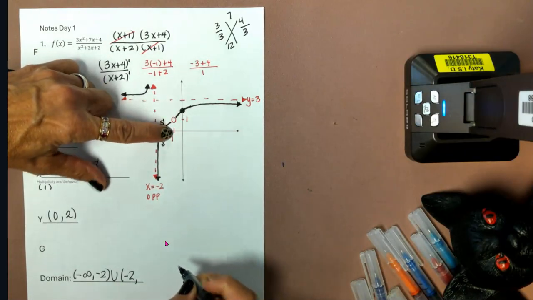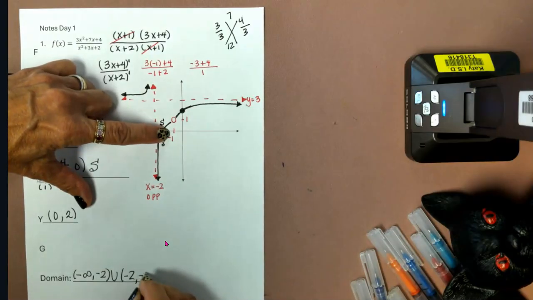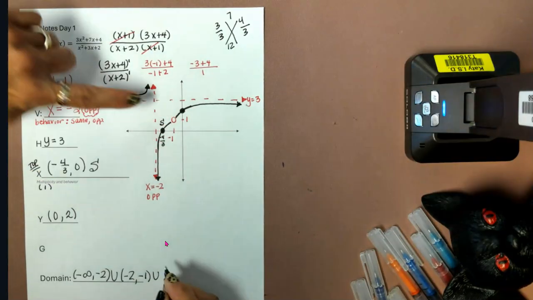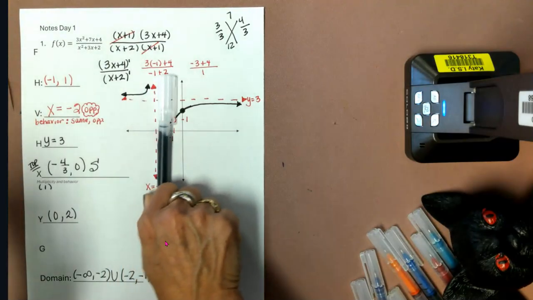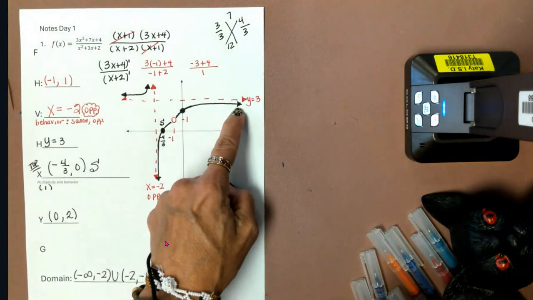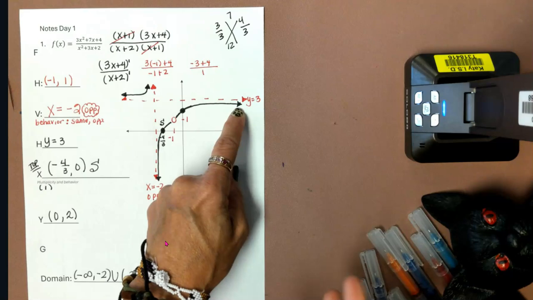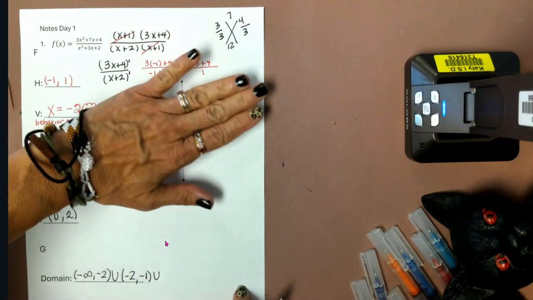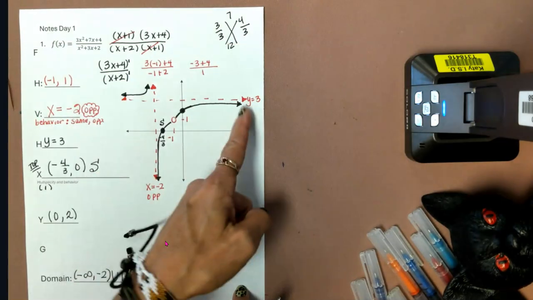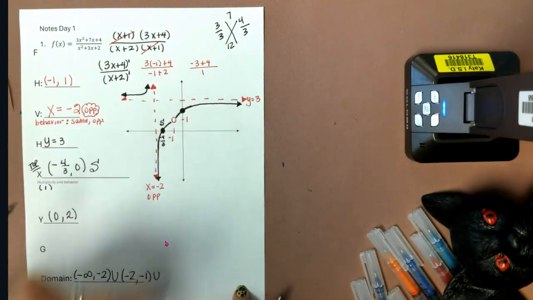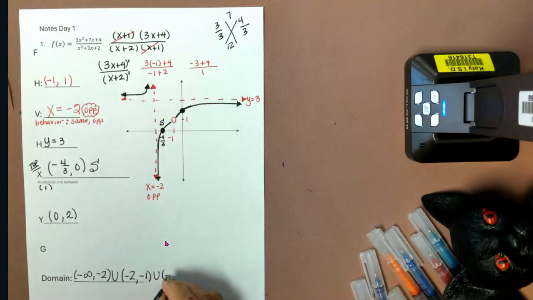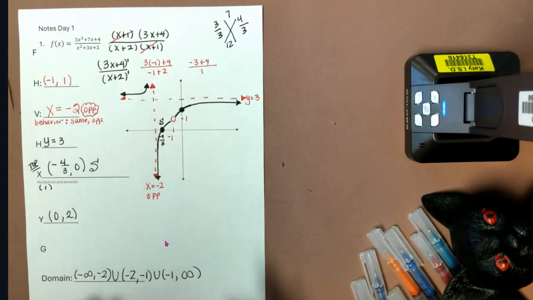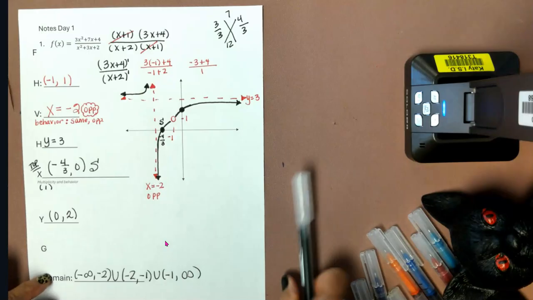This hole has the x-coordinate of -1, so let's exclude that. And then once we do that, we're scanning. The last thing I see is going to be an infinity symbol. It is getting closer and closer to +3, but my x values will go on forever. So after -1, that graph is going to go on for the domain forever.